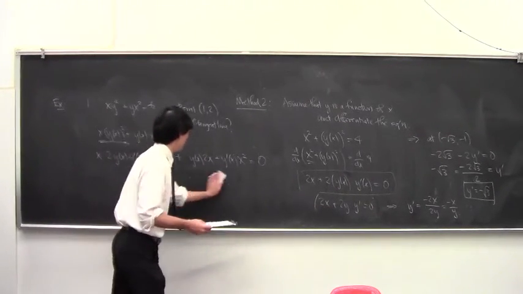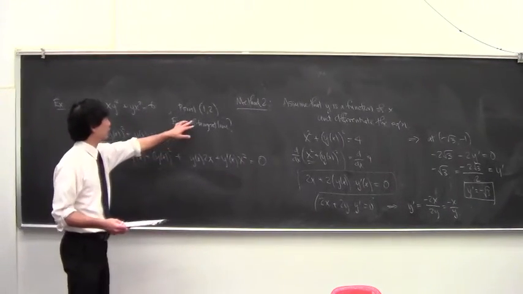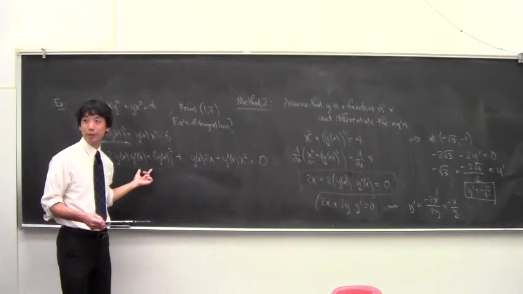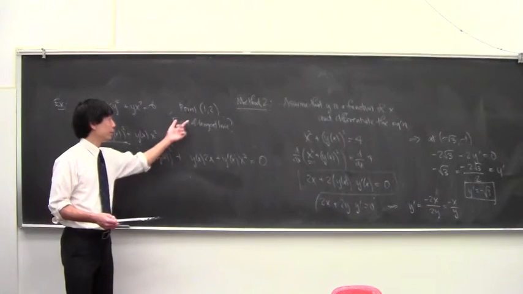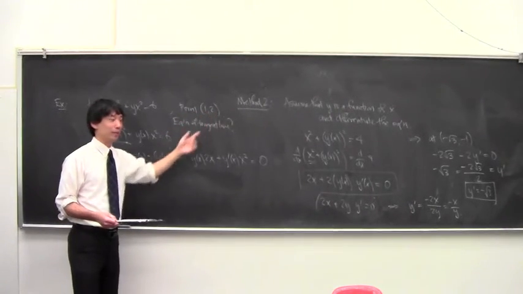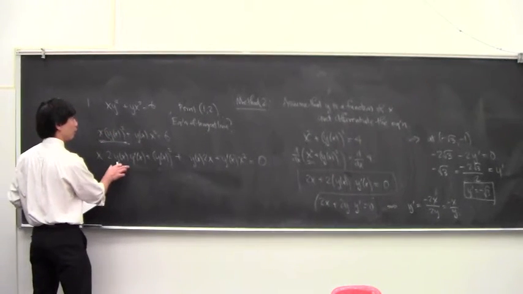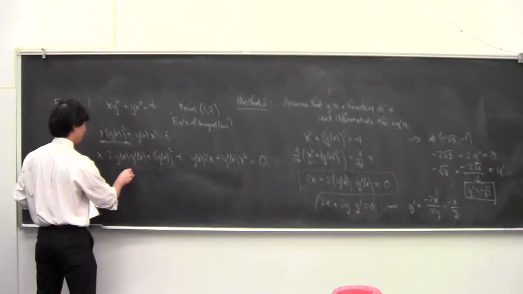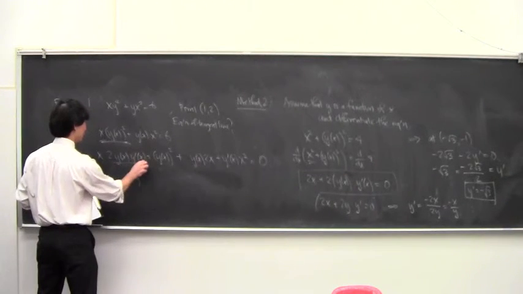So then the question is what is y prime? We want to find the slope there. It's a hassle, but let's plug in everything. x is 1, y is 2. So we get 1 times 4 y prime. We get 4y prime from this term.